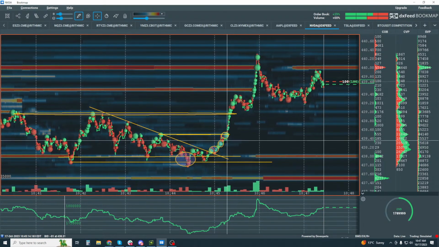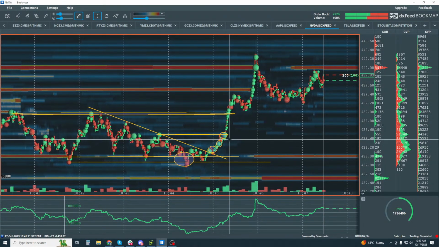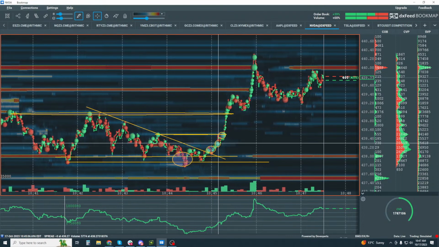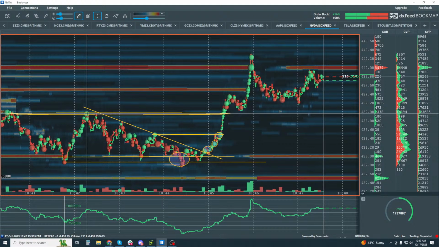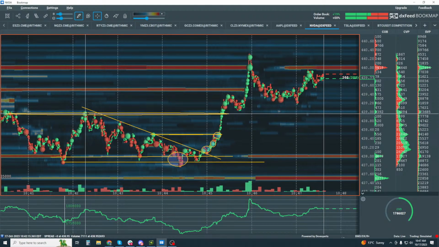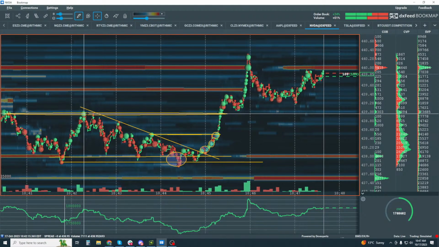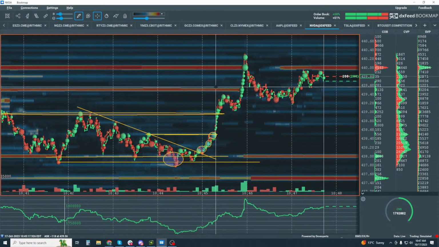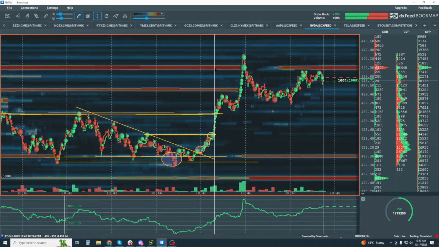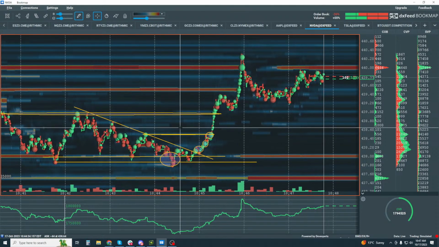But one thing that you do know is the context. Again, if you get large green dots like this, it's likely to go to the next swing. All right, and if you still get them, it's likely to go to the next areas of high liquidity. Okay, and that's what it's done.